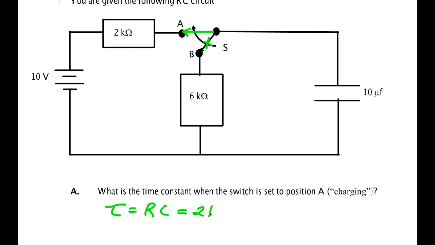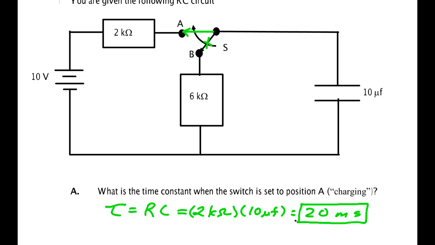So 2K ohms. The capacitance is 10 microfarad. 10 times 2 is 20. And a K ohm times a microfarad is a millisecond. So that's the time constant.